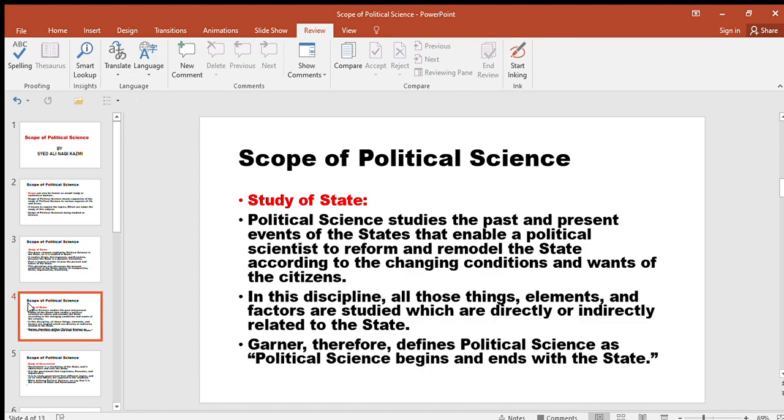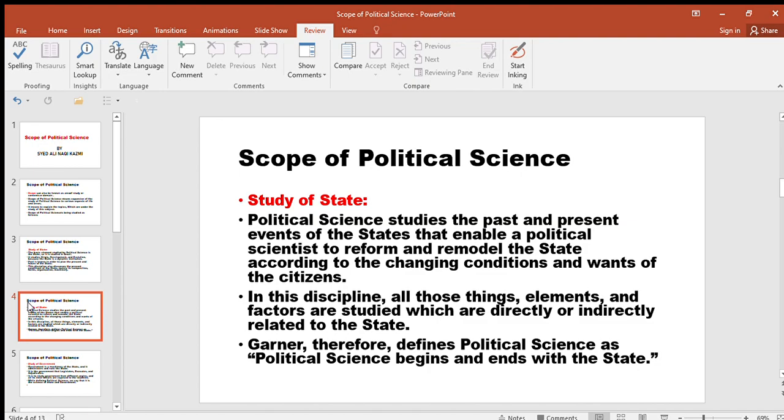Study of state, further we can explain it. Political science studies the past and present events of the states that enable a political scientist to reform and remodel the state according to the changing conditions and the wants of the citizens and the people. In this discipline, all those things, elements, and factors are studied which are directly or indirectly related to the state.